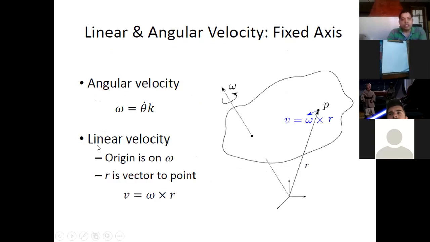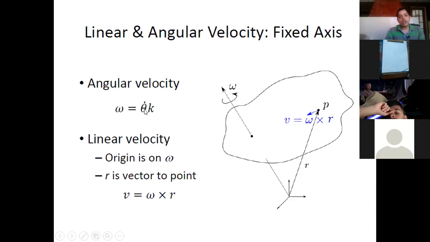In other words, omega equals theta dot k. If you do not consider the direction of omega, then that's theta dot, right? But if you consider the direction, let me continue here. Does this make sense? Omega equals theta dot.